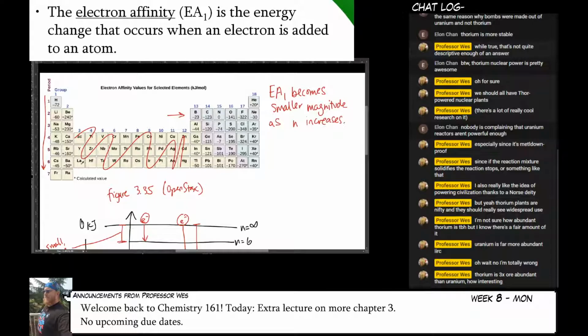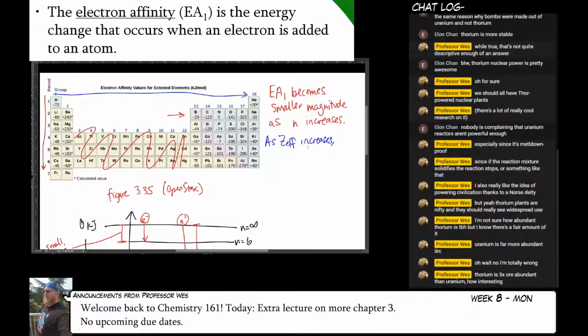All right. What else can we observe here? Let's get a new color here so we can do this. As we go across the periodic table from left to right, Z effective increases.